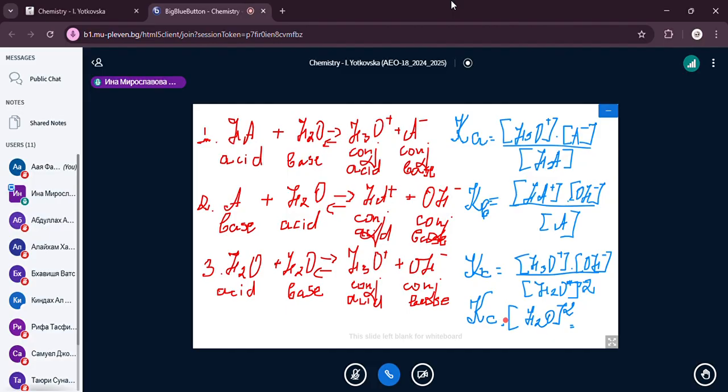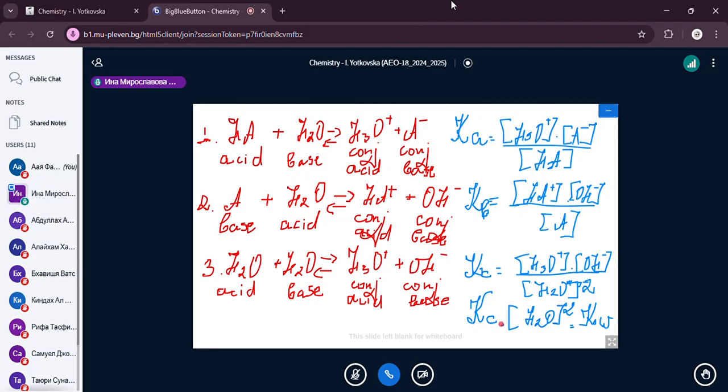So when we multiply these two values, we obtain the value for the new constant, called the autoionization constant of the water, expressed Kw.